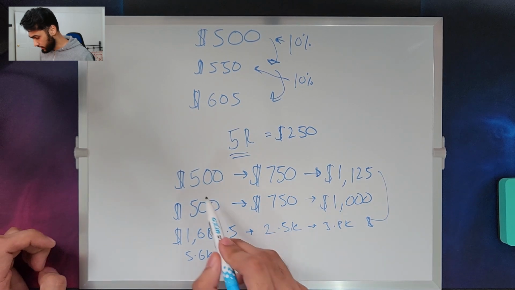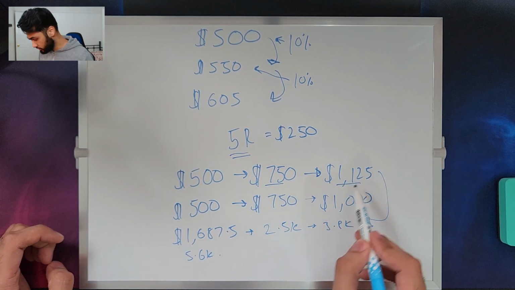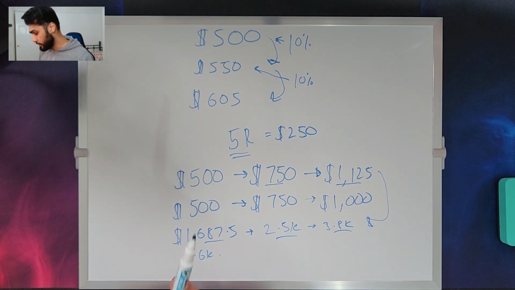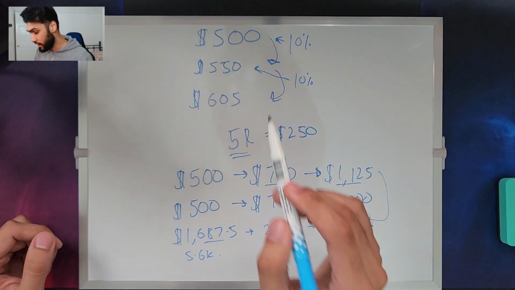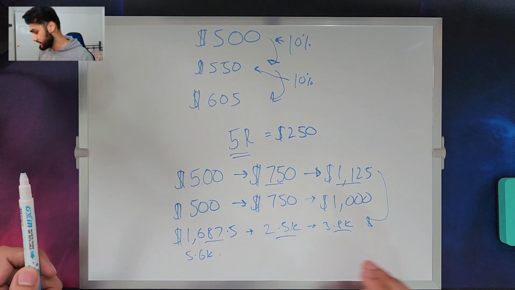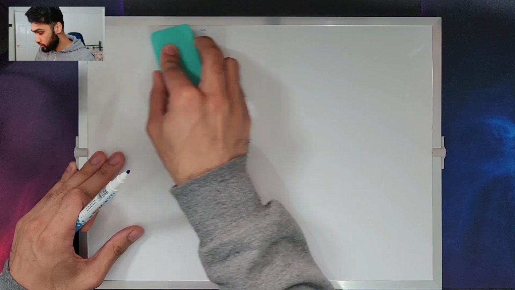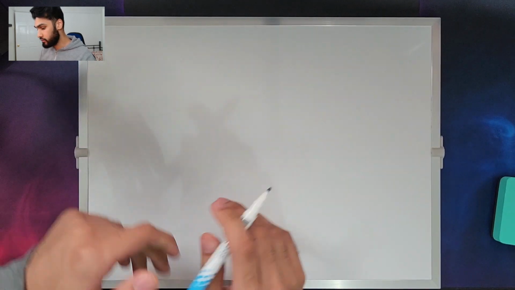So you flipped your account, so that's 1, 2, 3, 4, 5. In 5.5 months, you've basically flipped your account from $500 to 5.6k. So by doing that, you've now flipped your account using correct risk management.